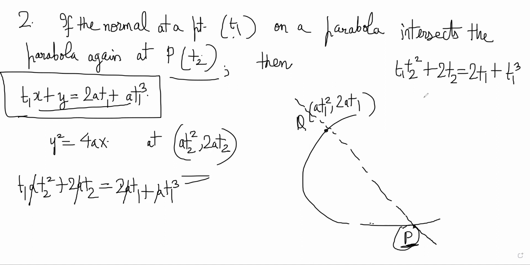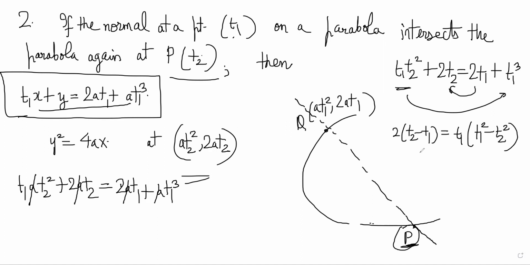Now bring this to this side and this to this side, right? You get 2 into t2 minus t1 is equal to t1 common, t1 square minus t2 square, right? And since t2 and t1 are not equal, this can be cancelled off and you get minus t1 into t1 plus t2, right?